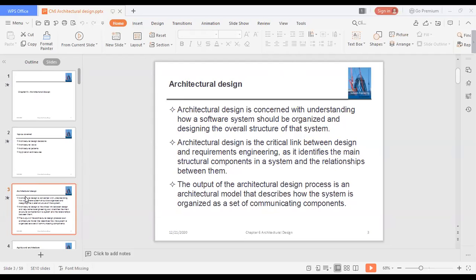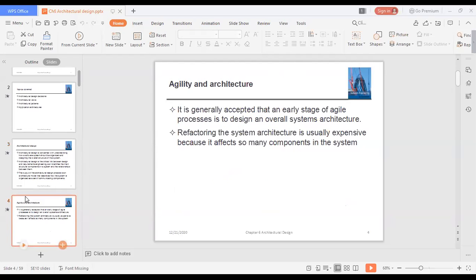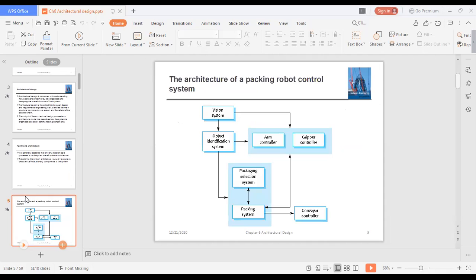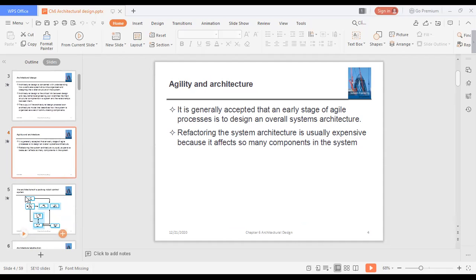Agile says that it can be implemented in pairs, like the coders will be in pairs, what we call pair programming. It is generally accepted that an early stage of an agile process is to design an overall system architecture. So agile believes in the output.